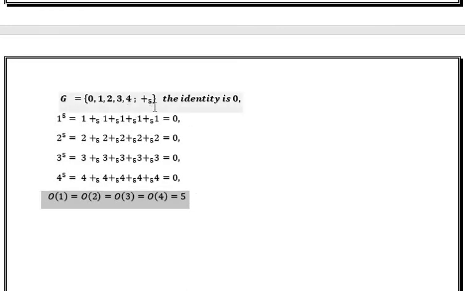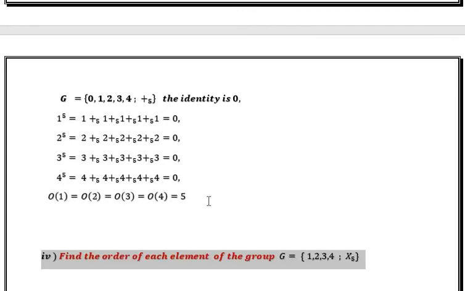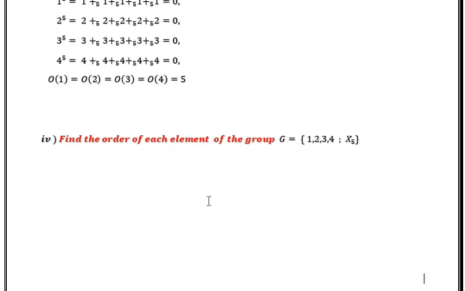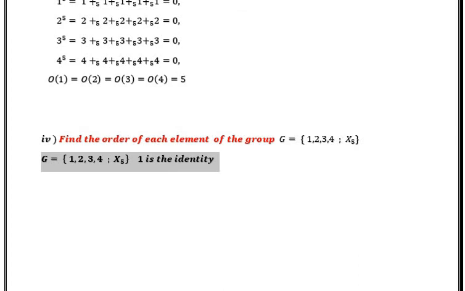See, we have taken modular addition group and we proved that the orders of all the non-identity elements are equal. Then let us consider another problem with the modular multiplication. So in modular multiplication we have considered G is equal to 1, 2, 3, 4 under multiplication modulo 5. Since it is a multiplicative group, the identity element is 1.